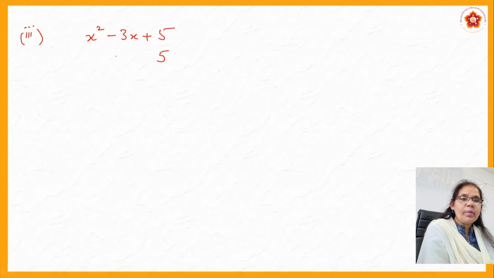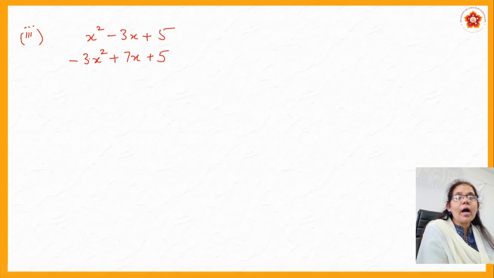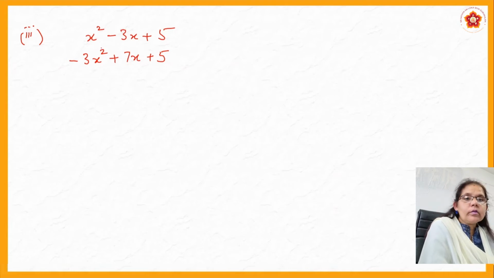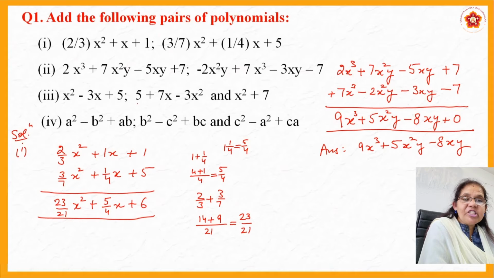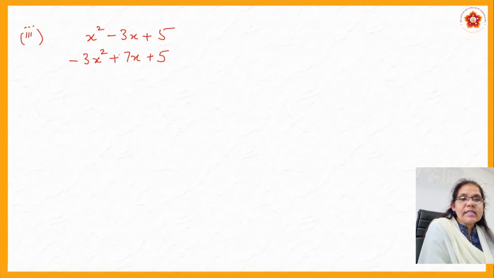You'll have to rearrange it in such a way that like terms come under one another. That means they come in the same column. We can recheck it. 5 plus 7x minus 3x square.